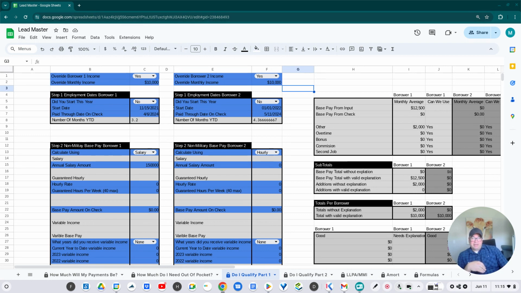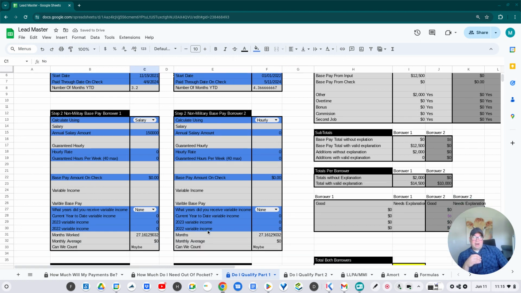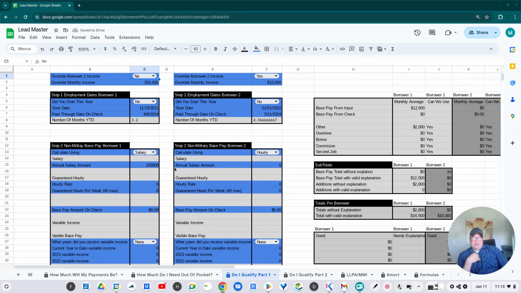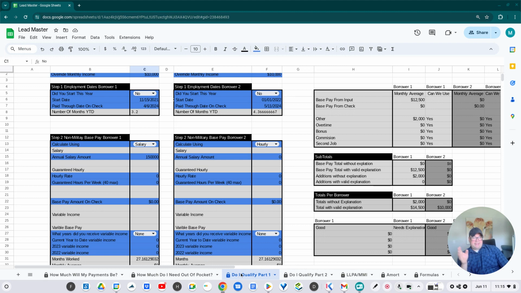So that's the third tab, do I qualify, determines income. If you want to override what's on this tab, you just click yes, and it will then factor in whatever you put in. If you click no, it's going to go off of what I put in, if I put something in. That's an important part because it determines the income and the debt to income ratio.